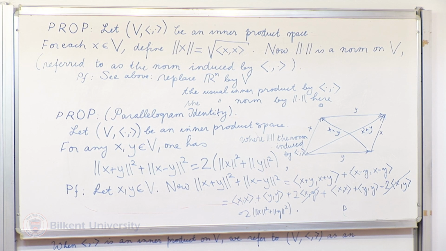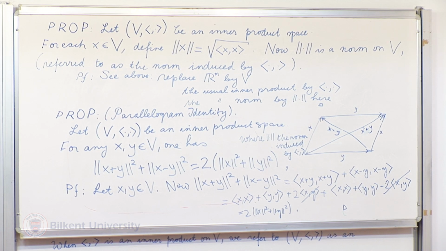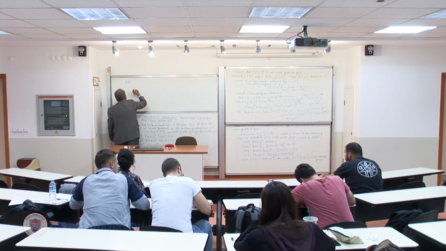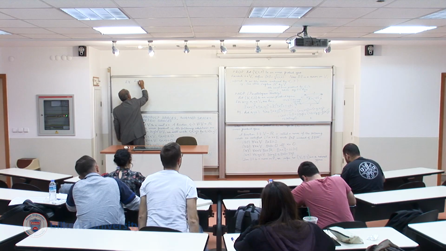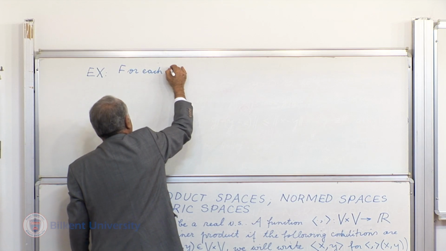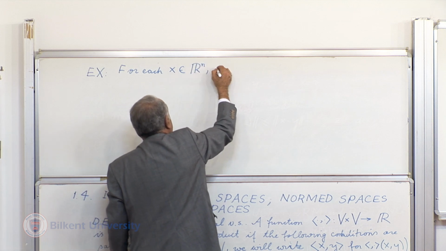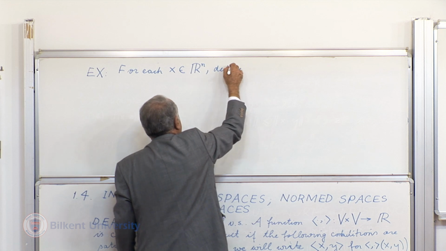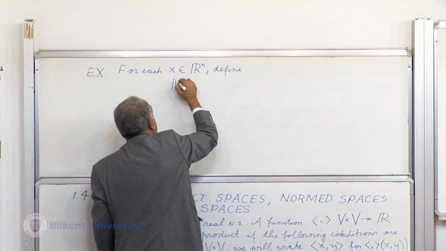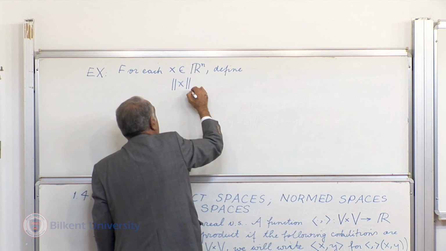You have several examples in the first exercise set, both concerning inner products, generalized inner products, and generalized norms. One of them is the following on Rn. For each x in Rn, define, now I'll use here the standard notation for this.